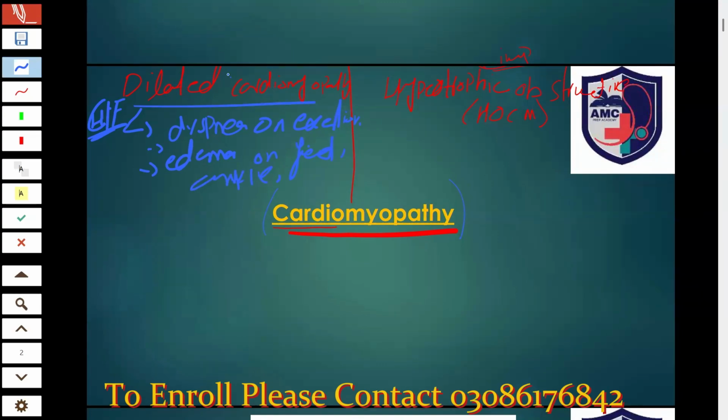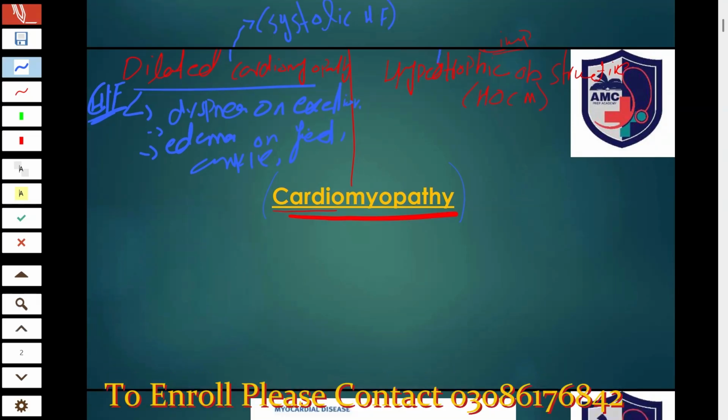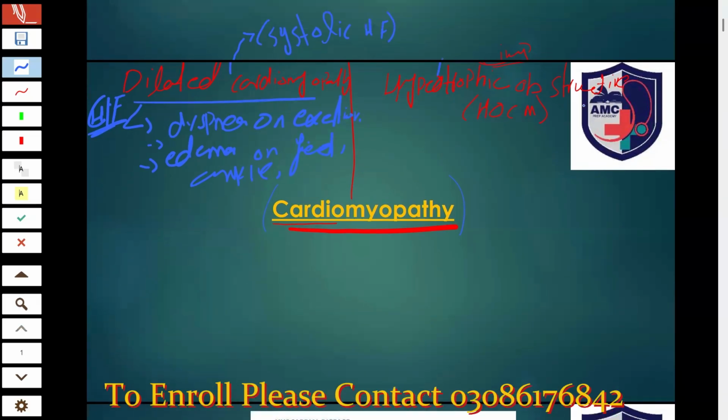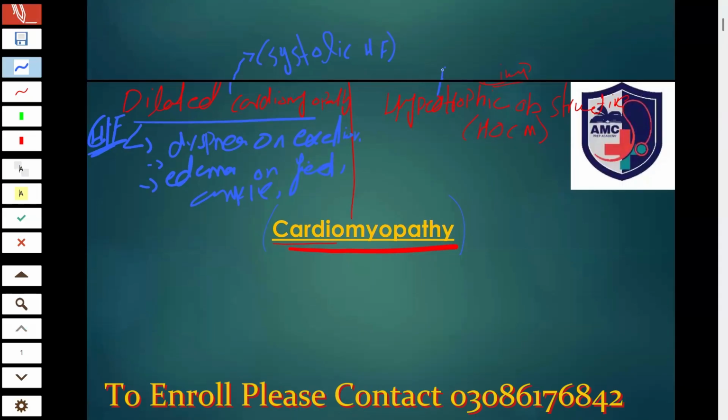This is also known as systolic heart failure, as we discussed in our last class. And hypertrophic obstructive cardiomyopathy is also known as diastolic heart failure. And the treatment is almost the same. The thing which is different, we will explain.